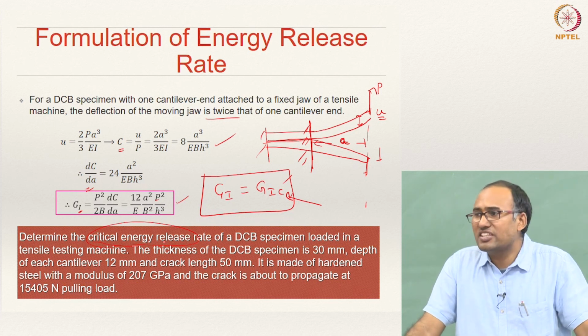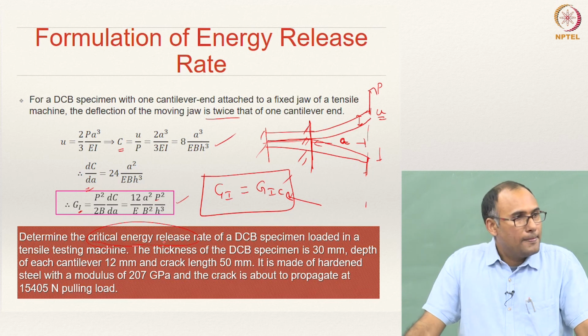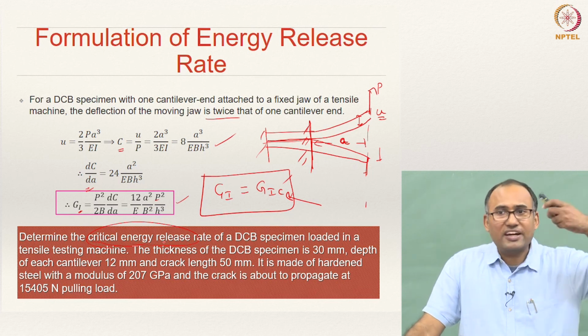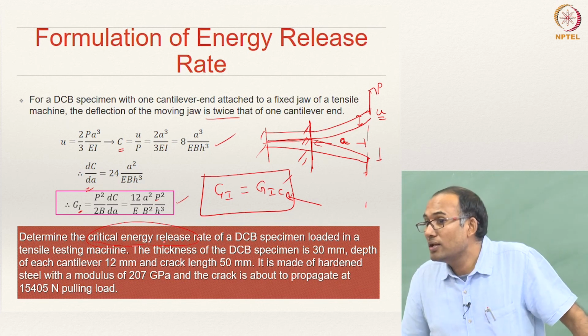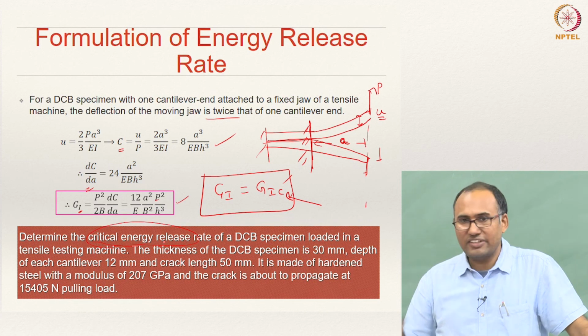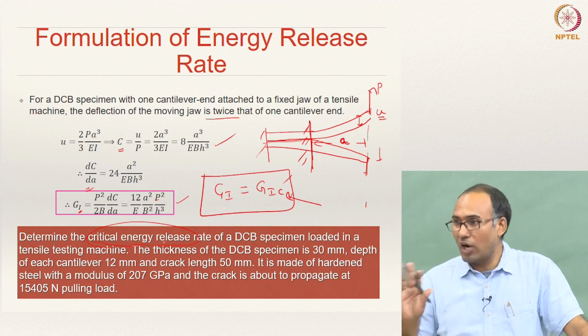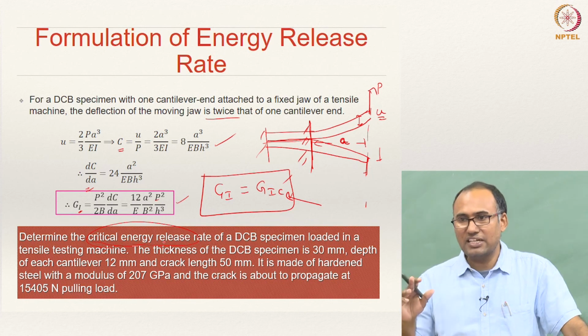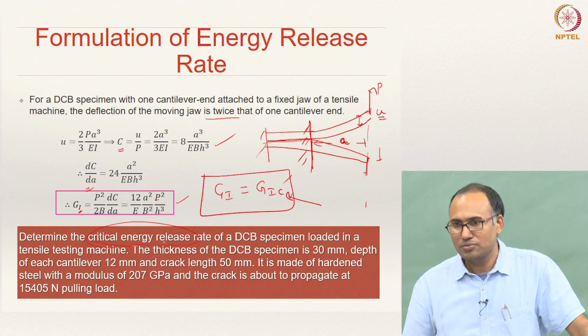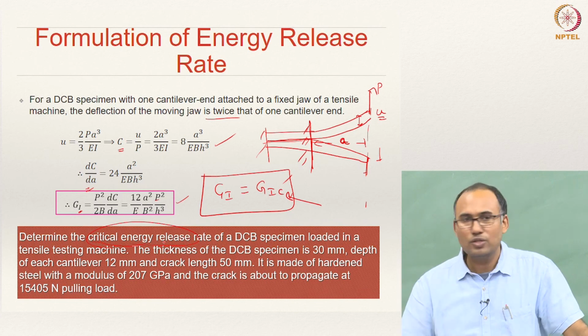What is the definition of energy release rate? How did we define energy release rate? Joule per meter square, because it is energy released per unit area of the crack. So it is not watts. If you think energy released per unit time, it is watt, right? It is not watt, it is joule per meter square.